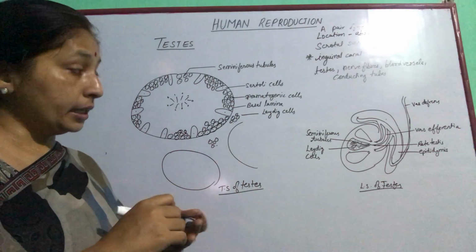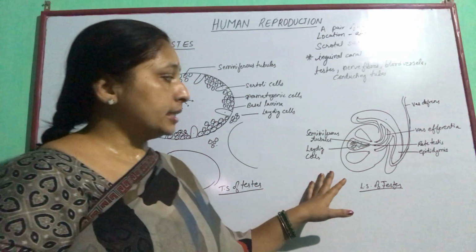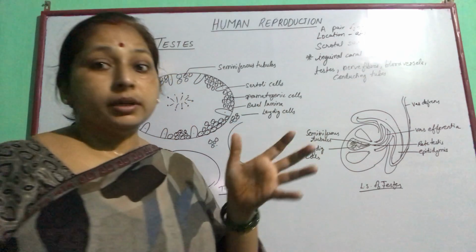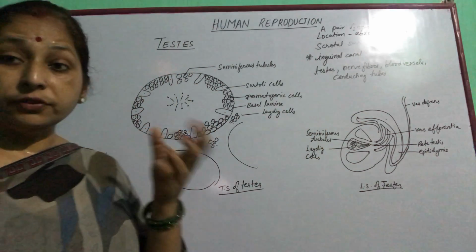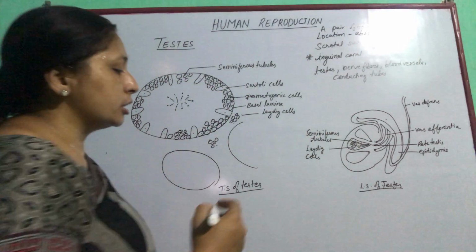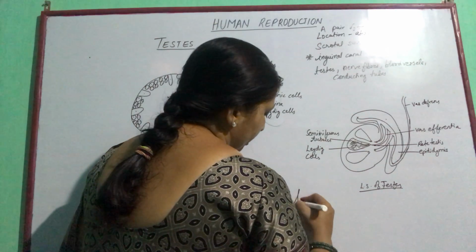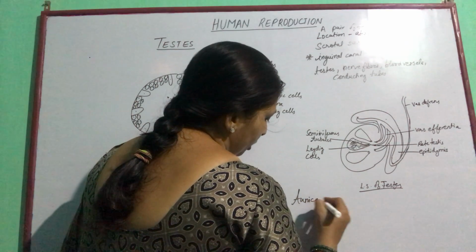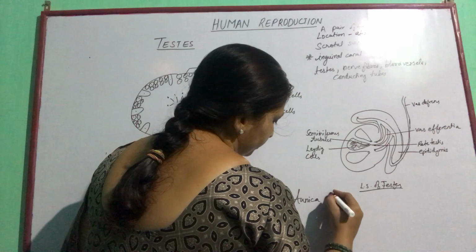Each testis is covered by a tough covering, which is known as tunica albuginea.